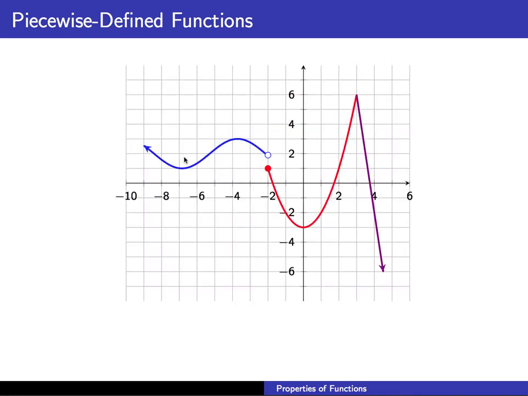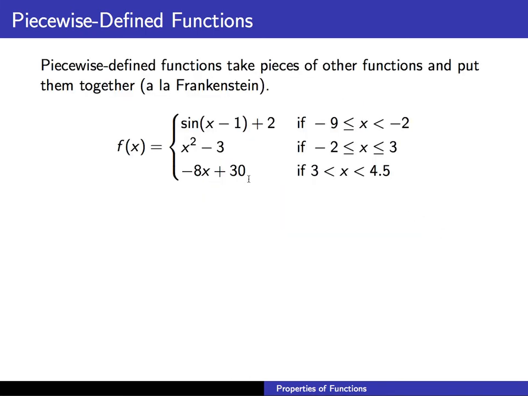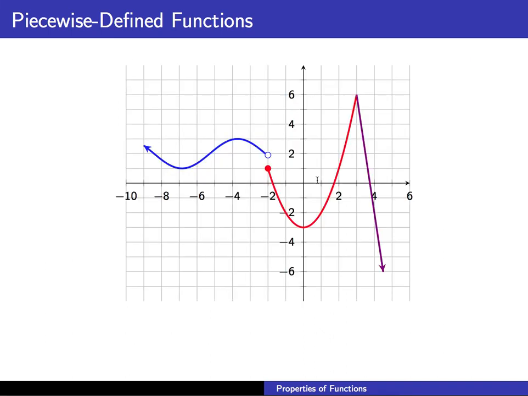That's why we have a closed circle here for the x squared minus 3, but not a closed circle for the sine one from the top of that piecewise function. And then we have negative 8x plus 30 when x is between 3 and 4.5. Again, this shouldn't be an arrow. It should just be a solid point. But we're taking pieces and parts of other functions, just putting them together to make a piecewise defined function.